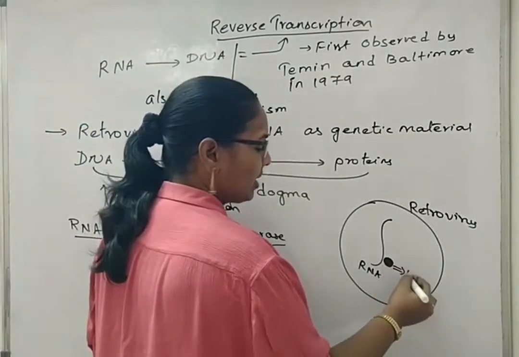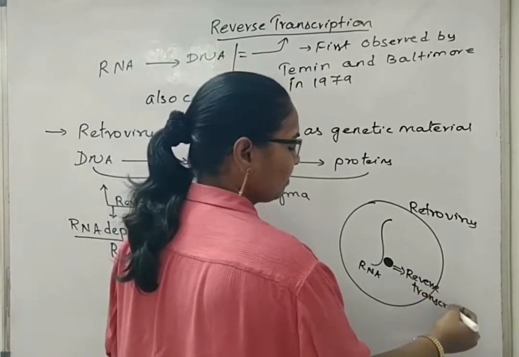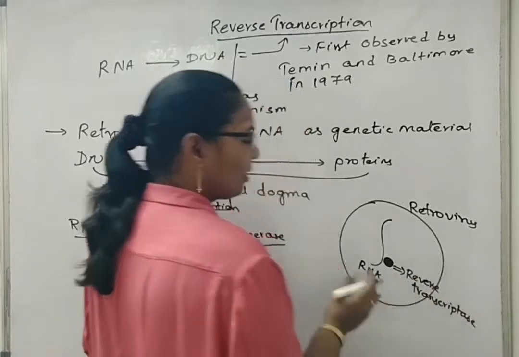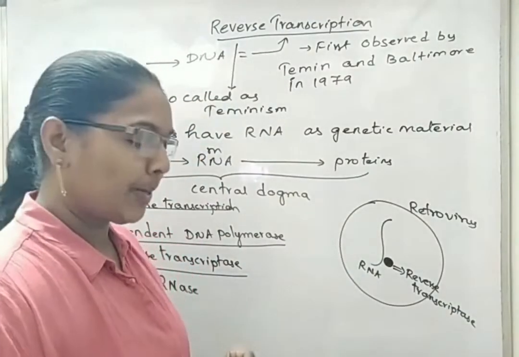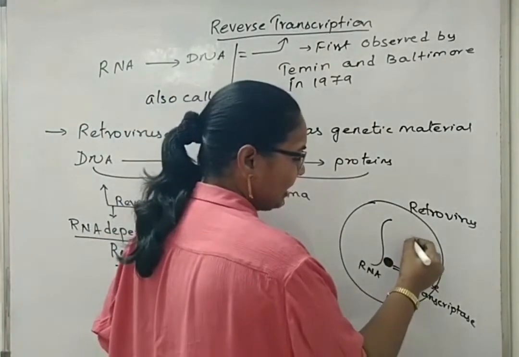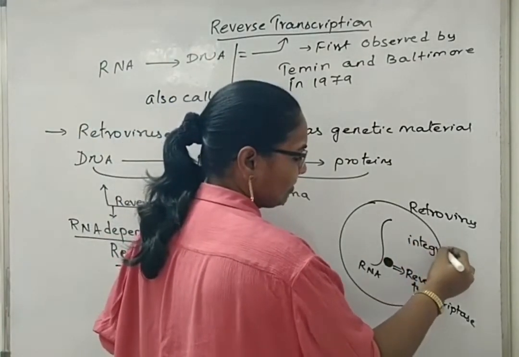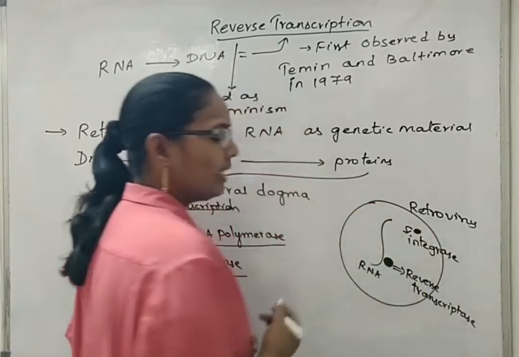So this is called reverse transcriptase. The RNA-containing retrovirus also has a special type of enzyme called integrase.